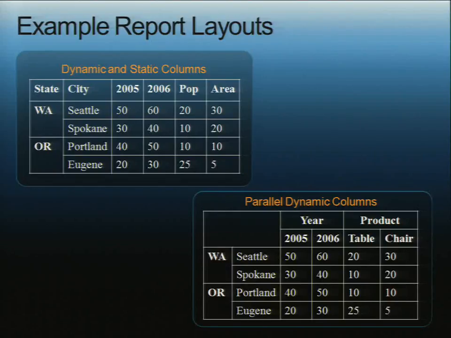Another common thing is people want to show parallel dynamic groups. You've got a matrix with dynamic rows, Washington, Oregon, but you also want to show both year and product hierarchies, which are both dynamic, on columns. Again, with today's matrix, you can only show a single hierarchy on each axis.